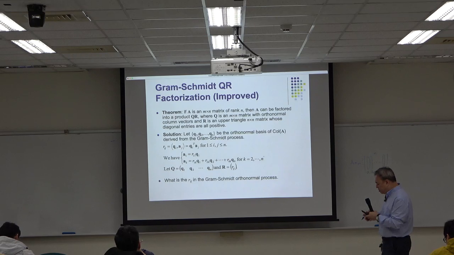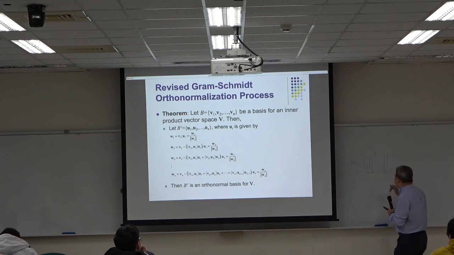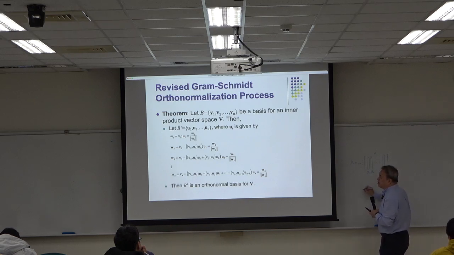We already know these notations from the previous page. If you want to get, for example, W1, this is W1, this is W2, this is Wn.